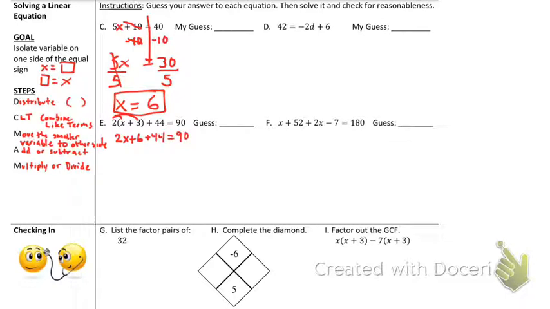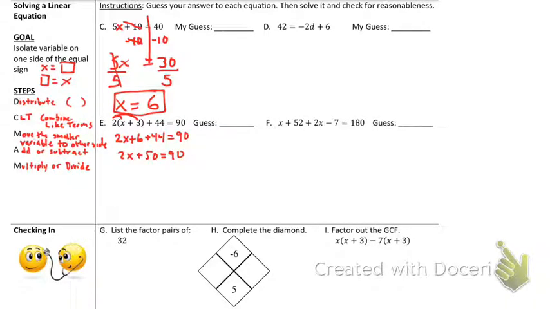And then there are no more parentheses, so I want to combine like terms. The like terms that I have here are 6 and 44. Okay, they're both constants, so positive 6 with positive 44. That gives me 2x plus 50 is equal to 90.